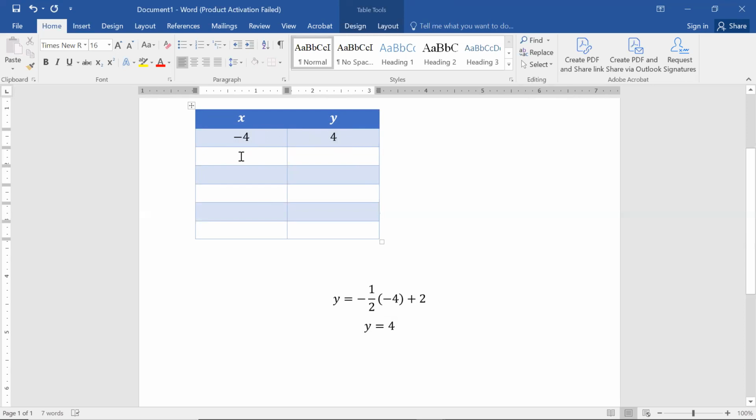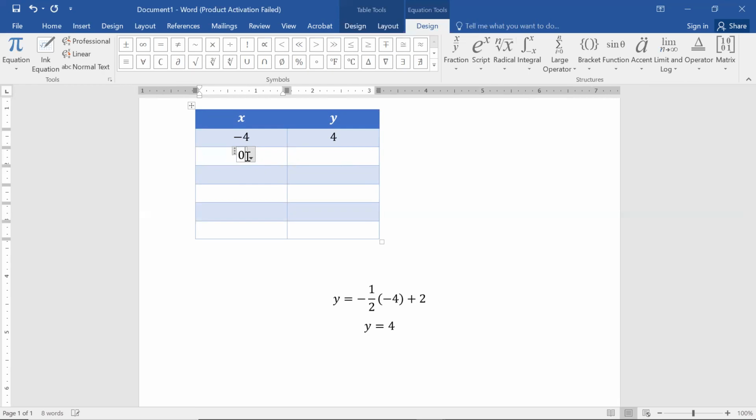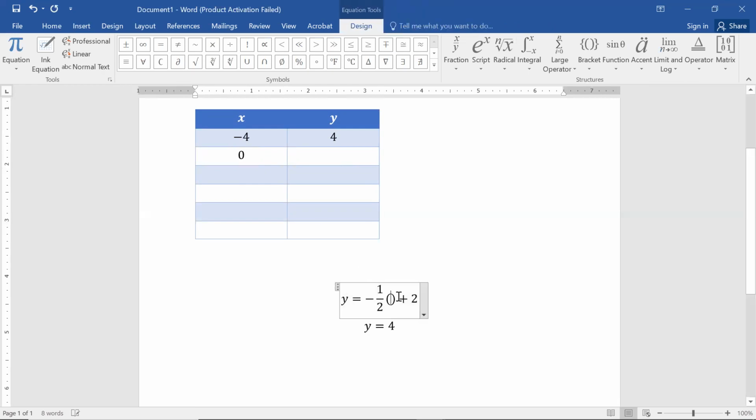Then I go back and I say, well, let's do another point. Let's start with the x value of 0 this time. I simply change the x value to 0, or insert 0 in for the x value in my equation, and that will yield a y value of 2.